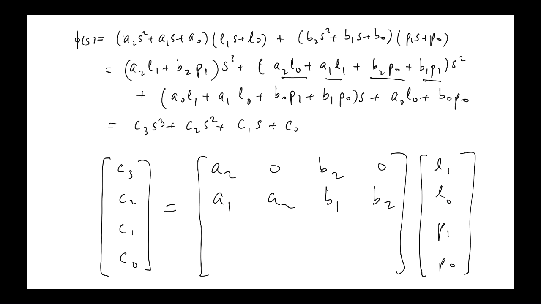So now we move along to the next coefficient, right? And what you see is that we have to get A0 times L1, so we'll get that by putting A0 here. And we need to get A1 times L0 to give us this term here. We need to get B0 times P1 and B1 times P0.